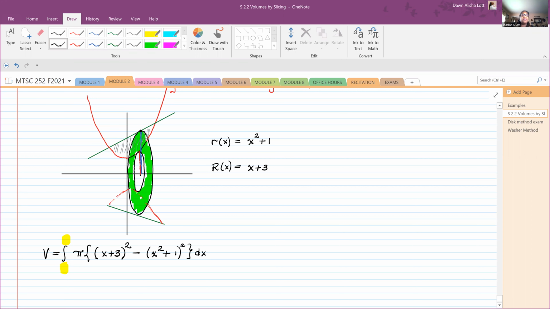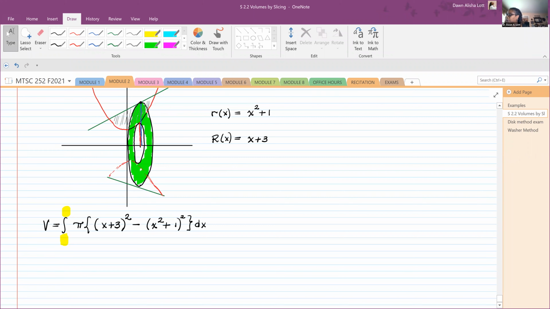I need to find my limits. I don't know where to start. I'm going to start somewhere over here, and I don't know this value. And I'm going to end somewhere over here, and I don't know this value. So we've got to find those.